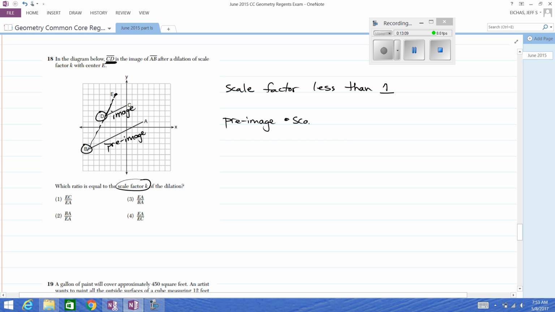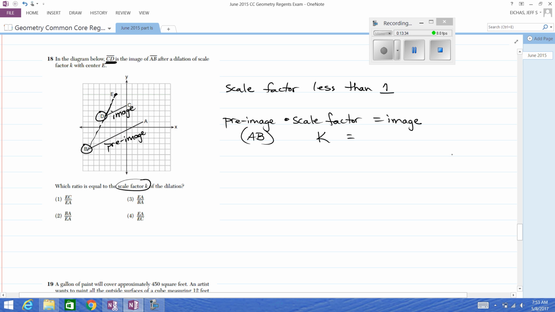So what I like to do for my formula is I always like to say pre-image times scale factor equals image, and I always use that. Okay. Some people like to have a different formula for everything. I like to use one formula and manipulate that. So we don't know scale factor. Let's give ourselves a pre-image, maybe possibly AB.